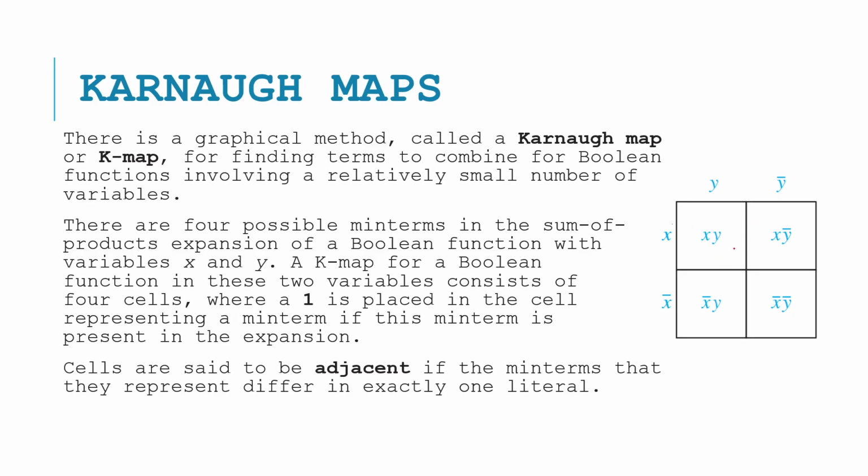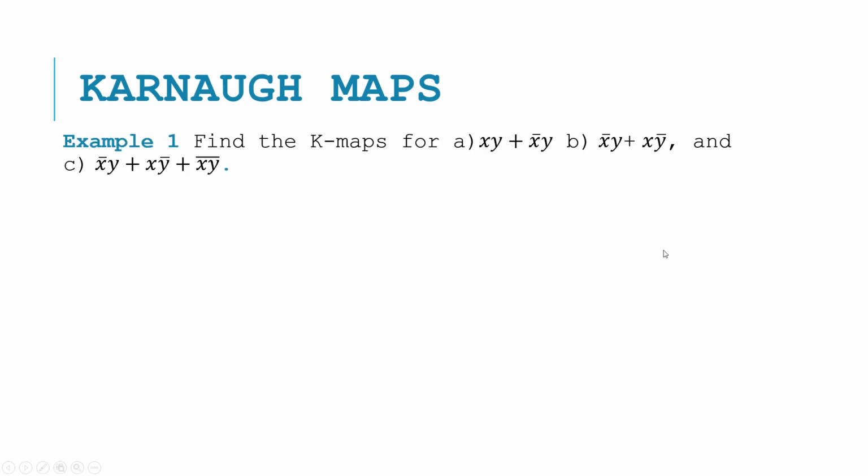The cells are said to be adjacent if the min terms that they represent differ in exactly 1 literal. Here we have an example. We need to construct the K-map for A, B, and C. For A, let us draw the K-map.